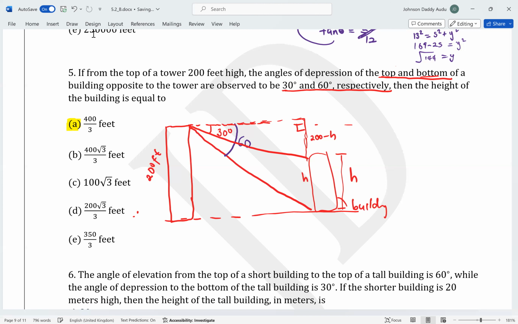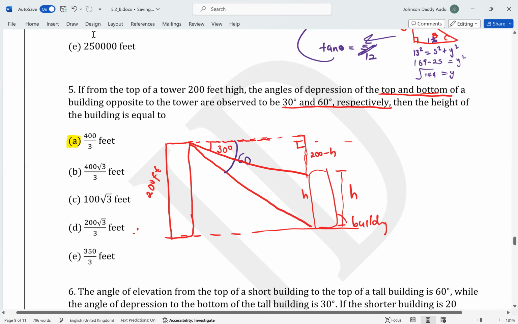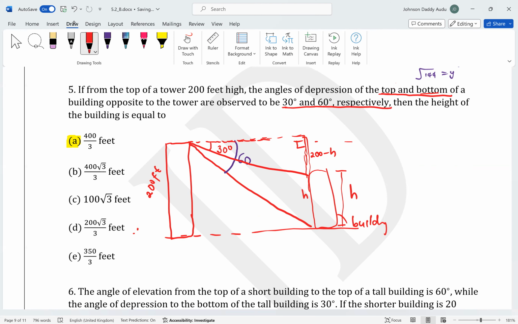Okay. All right. So what we can do here is simply, remember what we are looking for is H. But if we can get the whole of this side, then we'll be fine. Then we can look for that. So what we can use is the bigger angle, which is 60 degrees here.